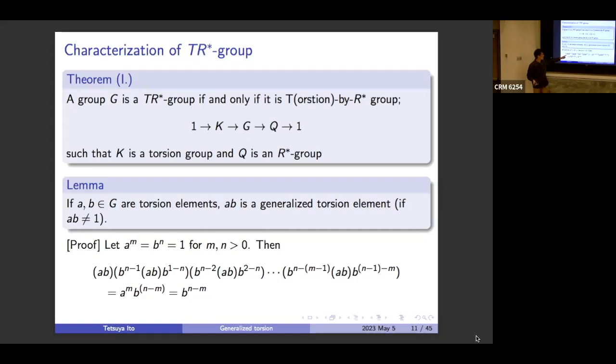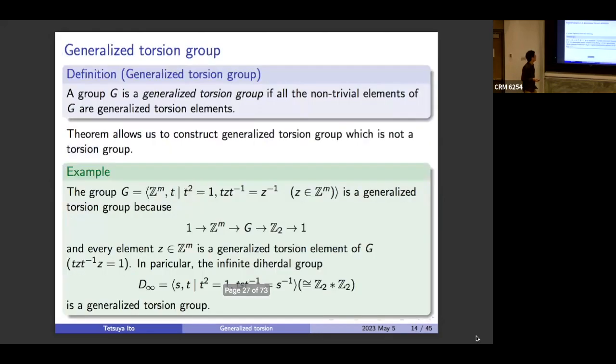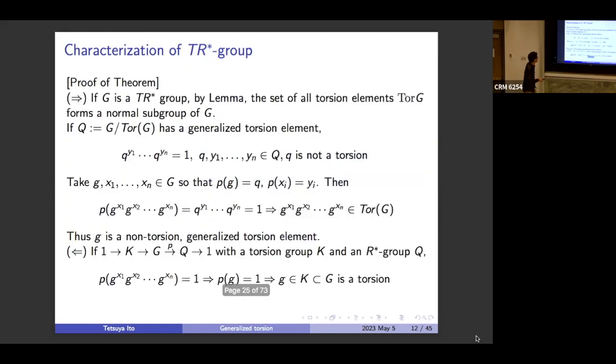Then after taking a suitable product of conjugates, we get a to the power m and b to the power n minus m, and a to the power m is trivial, so b to the power n minus m. So by repeating this an appropriate number of times, we get that a product of conjugates of ab is trivial. So the proof of the theorem is not hard.